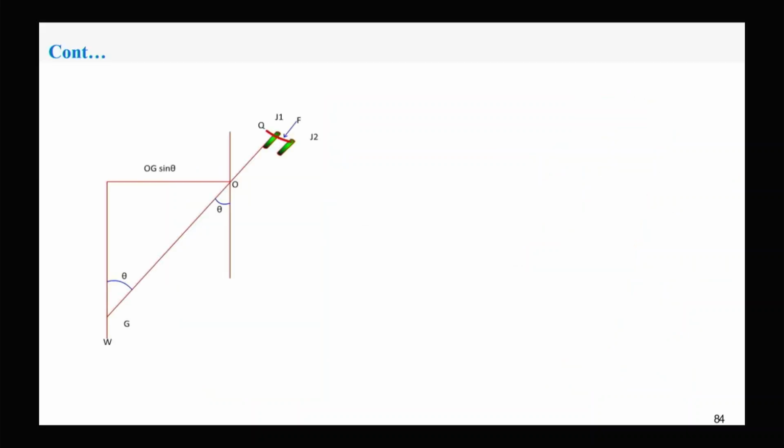And this, with the diagram we can see here, F is the force applied on the material, and at the center of gravity, the weight of the pendulum is W, and the distance from pivot point O to the center of gravity of the pendulum is fixed.